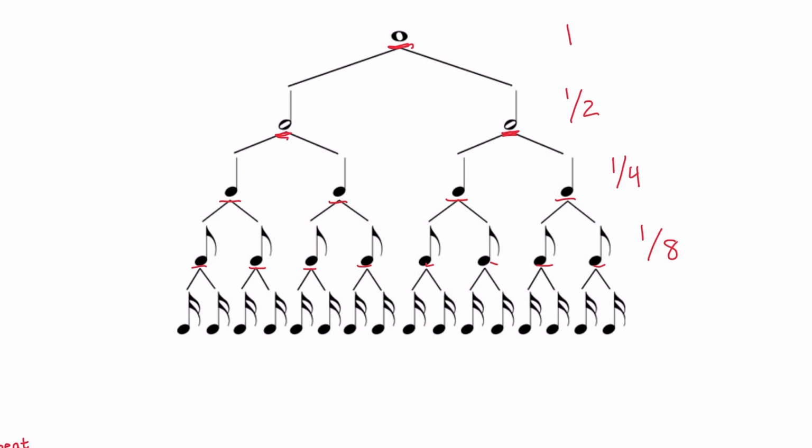Each note is 1/8 of the whole, so 8th notes. And we'll keep going down to 16th notes. I'm not gonna draw all of them, but trust me, there are 16. So each note is 1 out of 16 that fit in the whole note. So 1/16 or 16th notes.